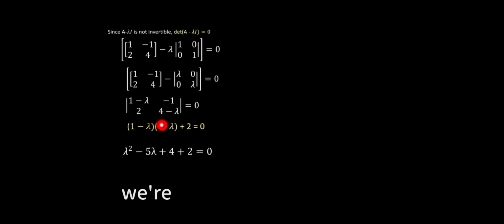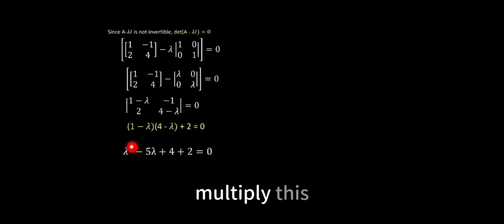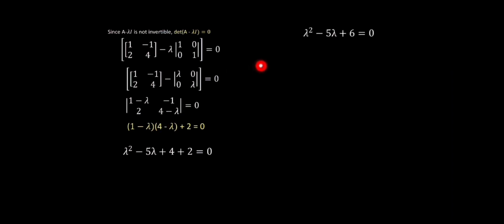Multiplying this out, we get lambda squared minus 5 lambda plus 4 plus 2 equals 0. And now we have lambda squared minus 5 lambda plus 6 equals 0.